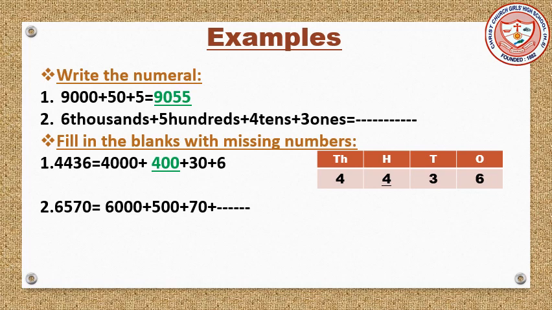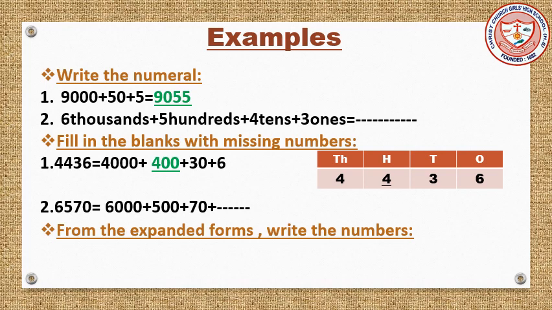Next, from the expanded forms, write the numbers. 7 thousands plus 9 hundreds plus 40 plus 7. Yes, the answer is 7947.